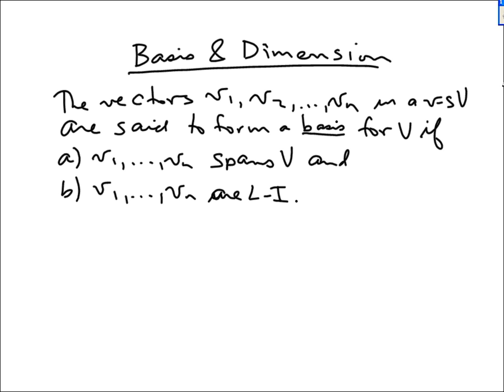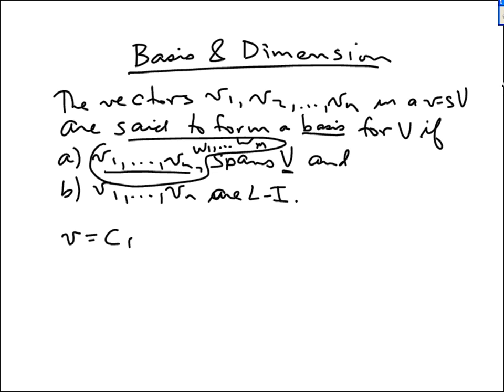In other words, if in the spanning set I also had w1 through wm, it still spans V, because if you add more vectors to a spanning set, it still spans. We know that if v is in the set V, then v can be written as a linear combination of v1 through vn, because that set spans V.